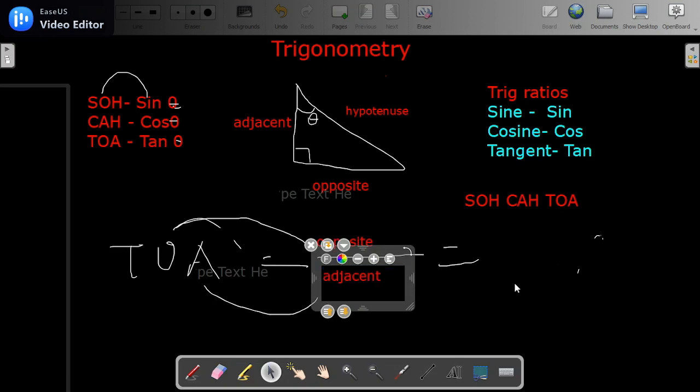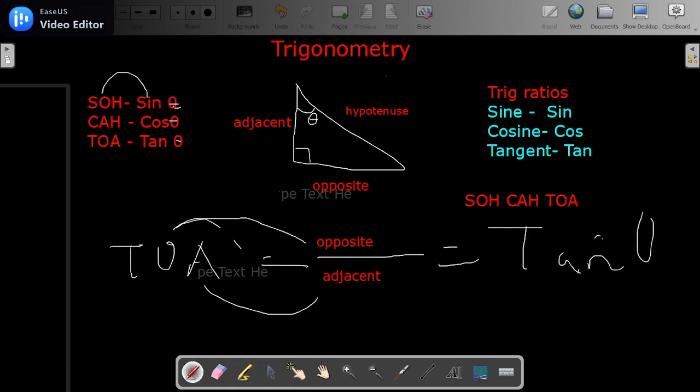So you should know that tan theta is equal to opposite over adjacent. So that's very simple. And those are the three basic trigonometric ratios. That's very simple. So what's next now?